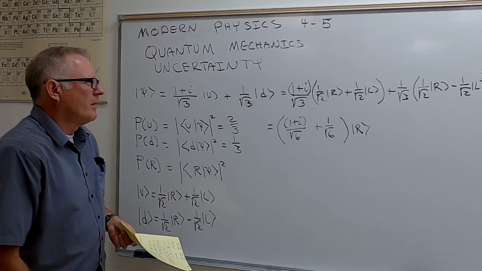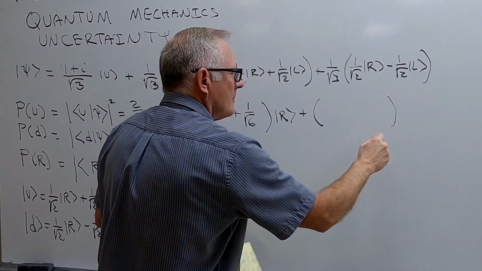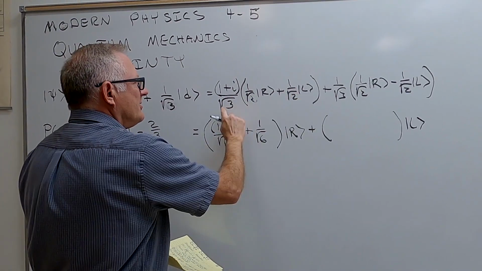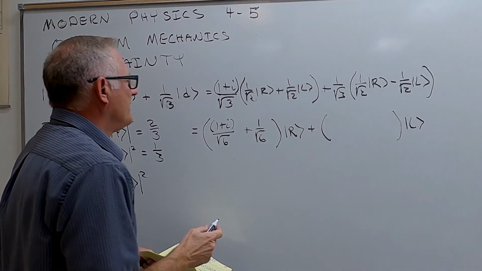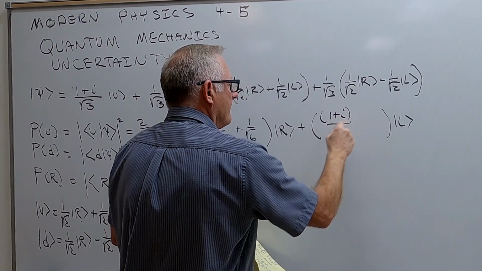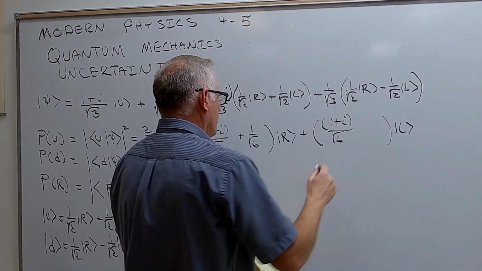Okay, so there's all my rights, and then my lefts. We got this term, which is 1 plus i over the square root of 6. And then this last term is minus 1 over the square root of 6.